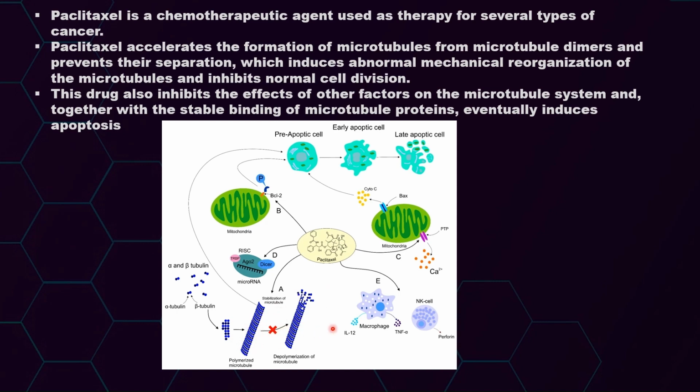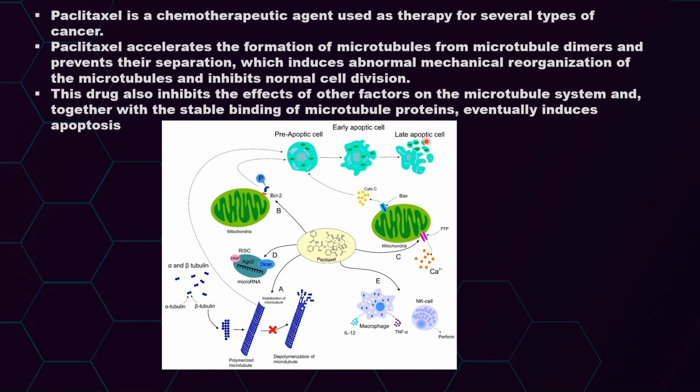It prevents the depolymerization of microtubule, which induces abnormal mechanical reorganization and inhibits normal cell division. So paclitaxel leads to mitotic arrest. This drug not only has an effect on the cell division, but it also inhibits the effect of other factors on the microtubule system, and together with the stable binding of microtubule protein, it eventually induces apoptosis.